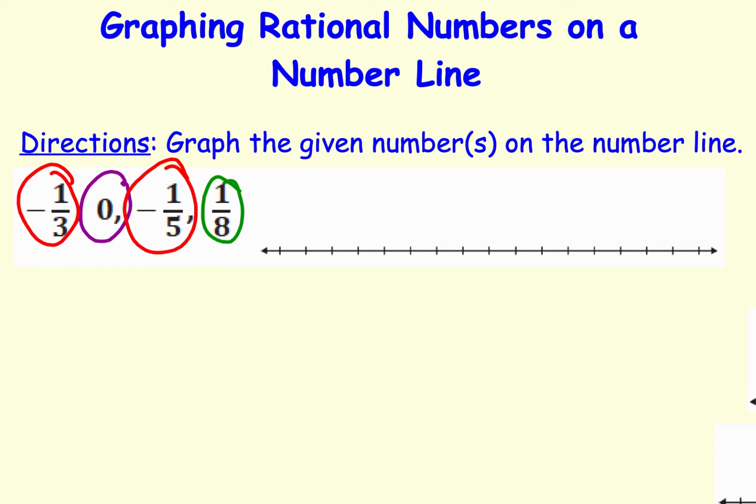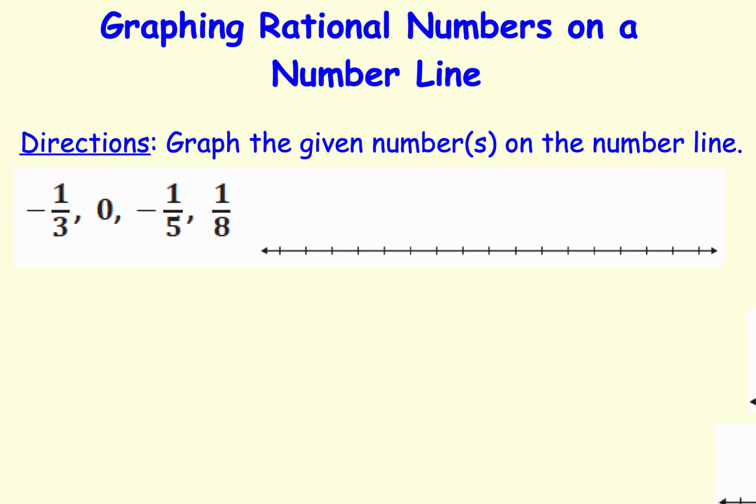It would be my most positive one, 1/8. What is my least number? It has to be one of the fractions. I noticed both of those fractions are between 0 and 1 for their absolute value, which means they have to be between 0 and -1 on a number line because they are negative.